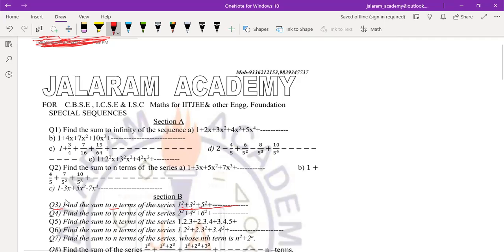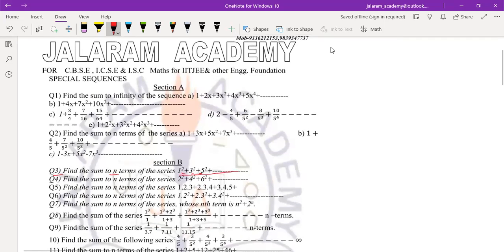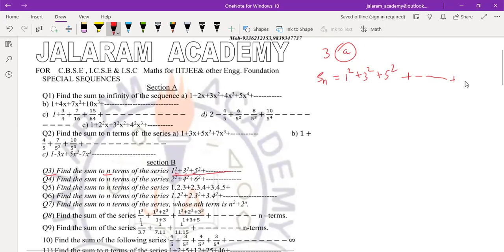Question 2 we have discussed in previous sessions. In question number 3a, we have to find the sum of the series with first term 1 square, second term 3 square, third term 5 square and so on up to n terms.